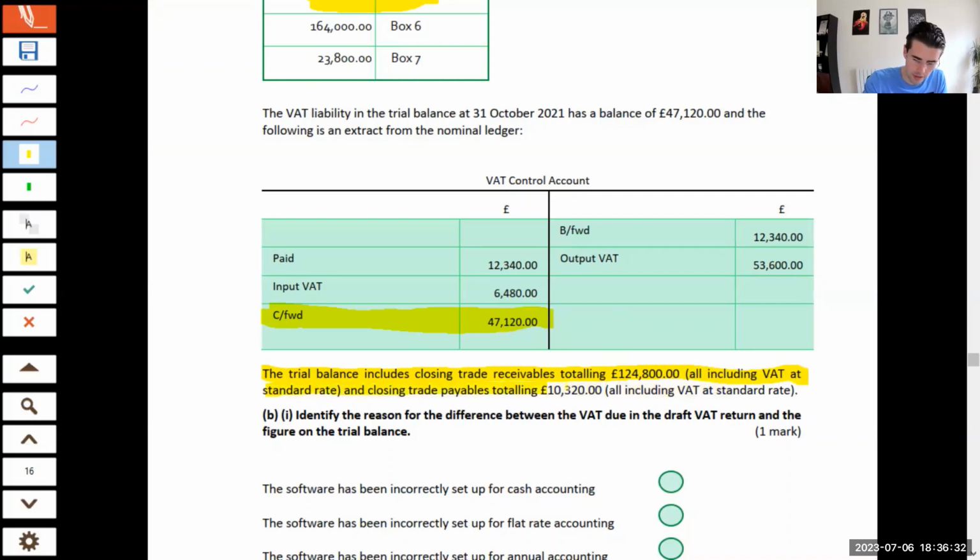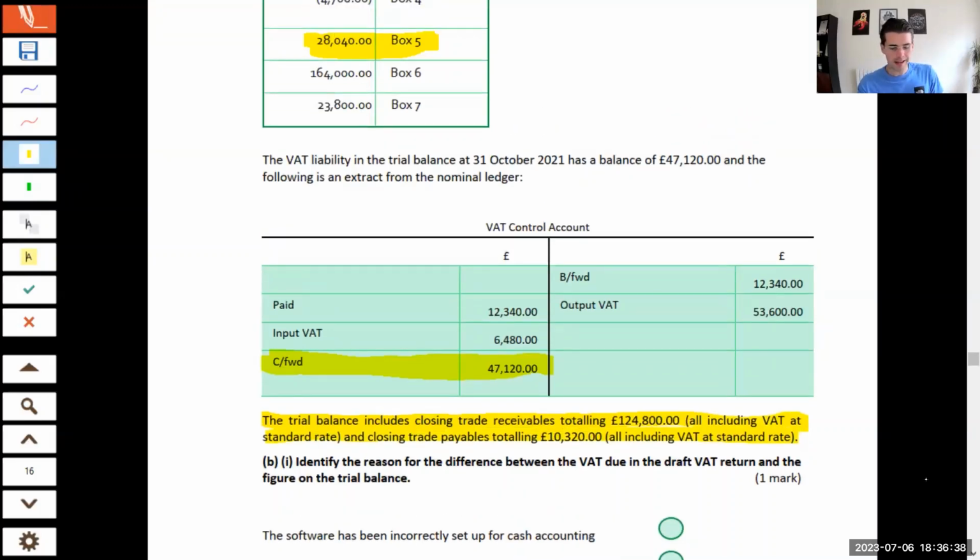There's one on the AAT mocks that is incredibly similar to this. It's interesting that, isn't it? We've established there's a difference between the trial balance and box 5 on the VAT return. It's then also saying that on the trial balance there are these figures, trade receivables and trade payables. It sounds like it's something that we need to investigate there.